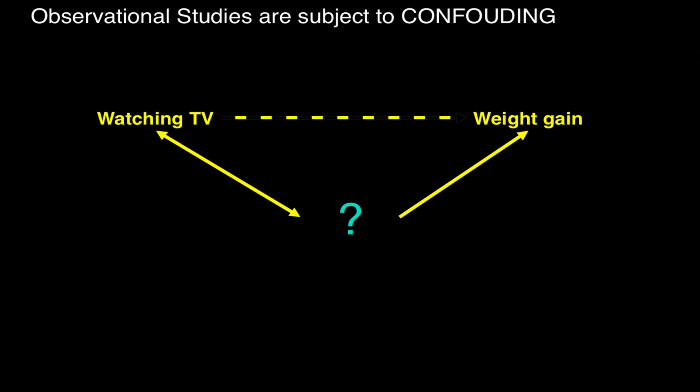While you're thinking about it, pass me the Cheetos. Oh, that's a hint. What do people do when they watch TV? Well, they might snack a little bit. Or what don't they do? They don't move much. They're inactive. That's what leads to the weight gain. The apparent relationship between watching TV and weight gain is confounded by snacking and inactivity.